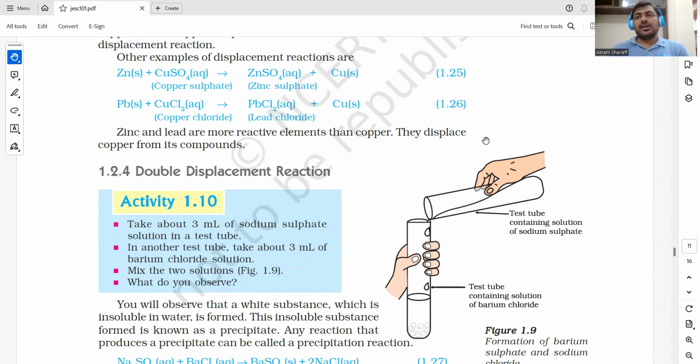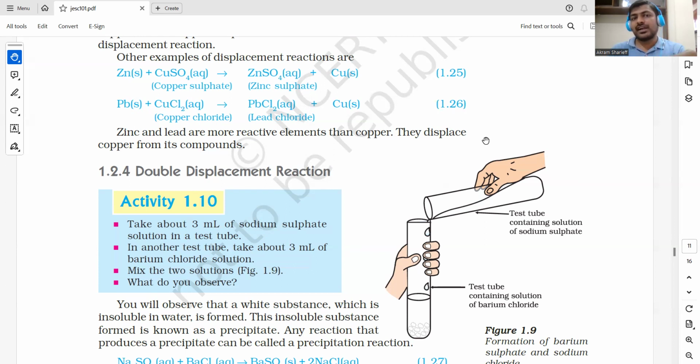Now, there is one very important thing to be noted down in this displacement reaction. We have written that zinc plus copper sulfate gives you zinc sulfate plus copper. That is equation 1.25. We are very clear that zinc has displaced copper from its solution. Can copper displace zinc? If I write Cu plus ZnSO4, will it give me CuSO4 plus Zn?